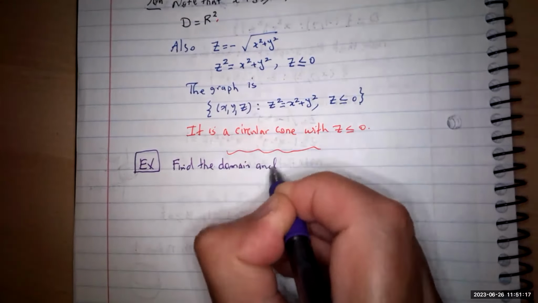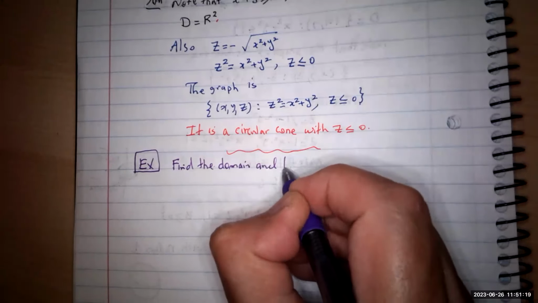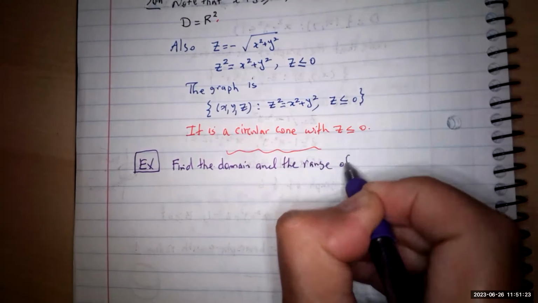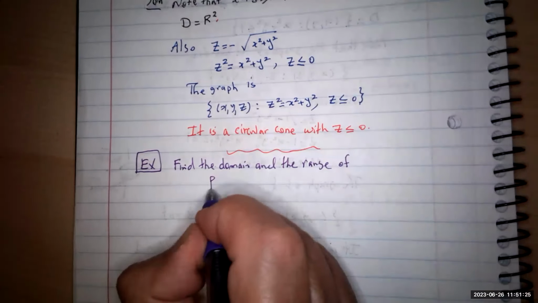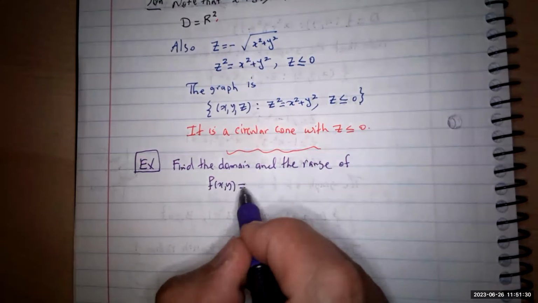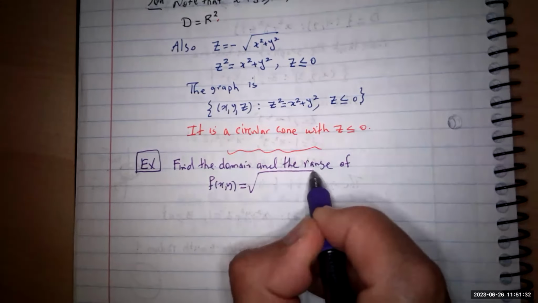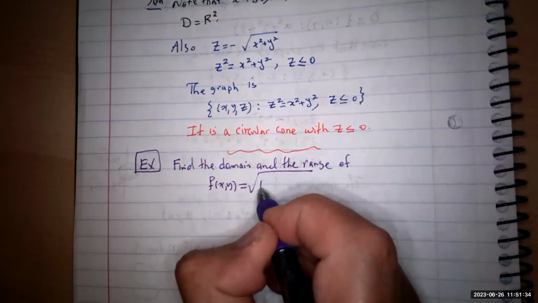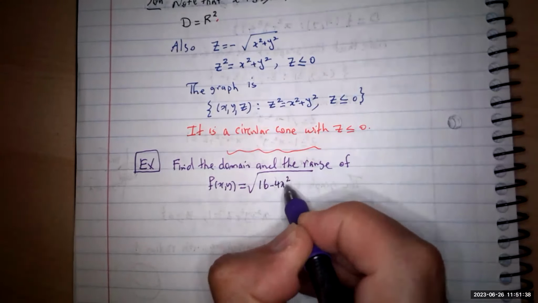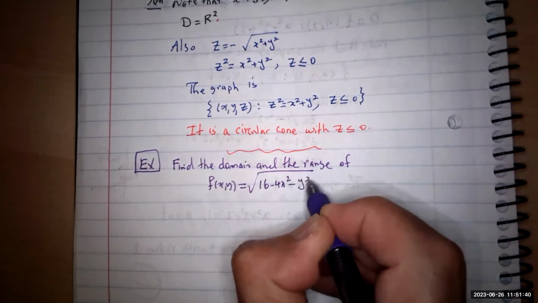Okay, and find the domain and the range output of this function, like the one that we did. F of x, y is equal to the square root of 16 minus 4x squared minus y squared.